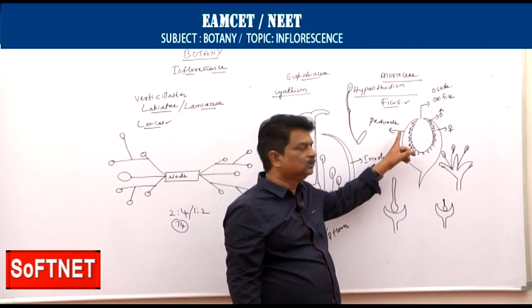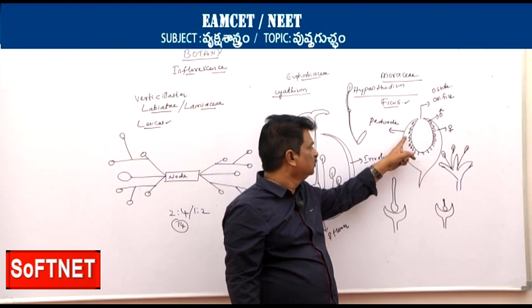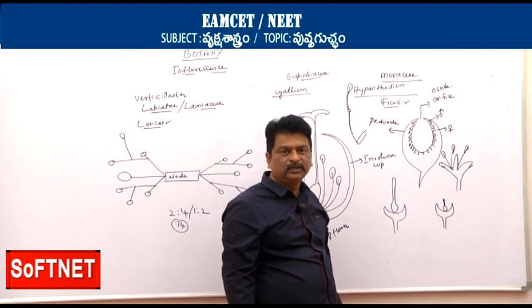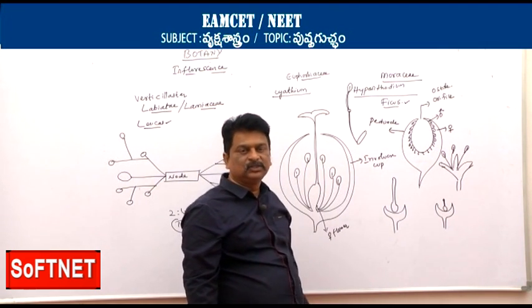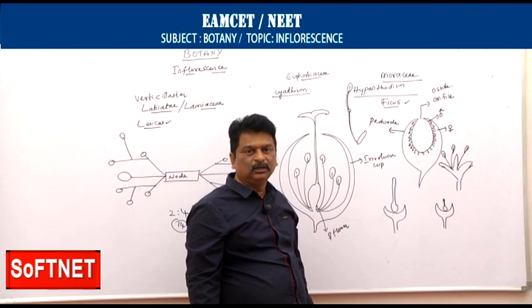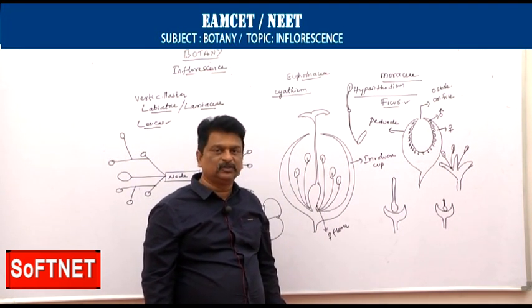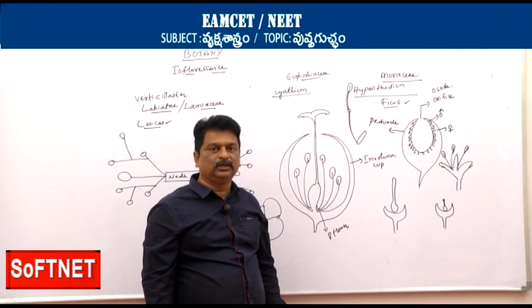At the tip of the peduncle are male flowers, and on the lower side female flowers are present, but female flowers are of 2 types, fertile and sterile. Sterile female flowers are called gall flowers. So in hypanthodium there are 3 types of flowers: male flowers, and female flowers of 2 types, fertile and sterile.